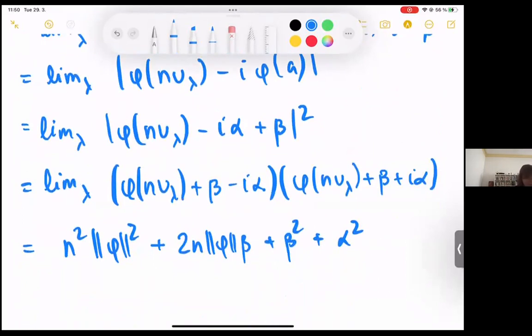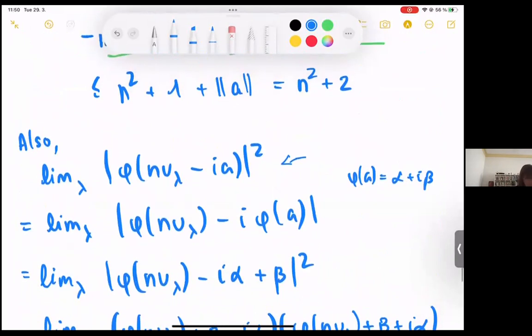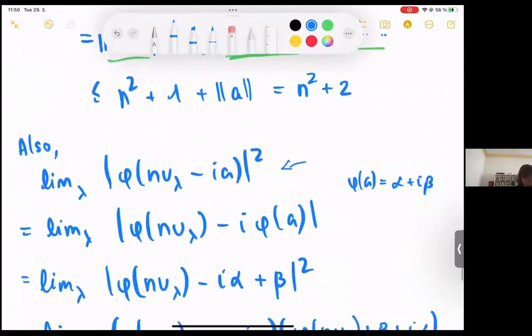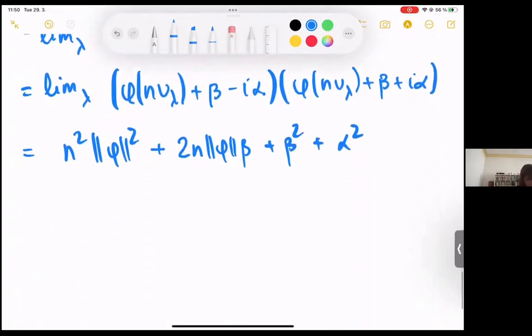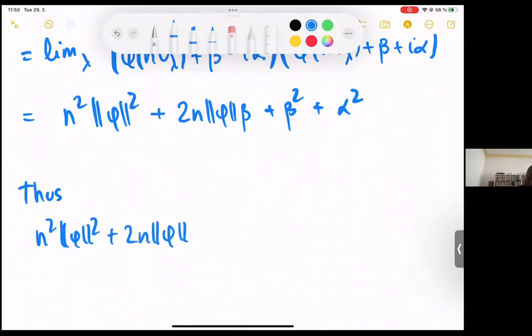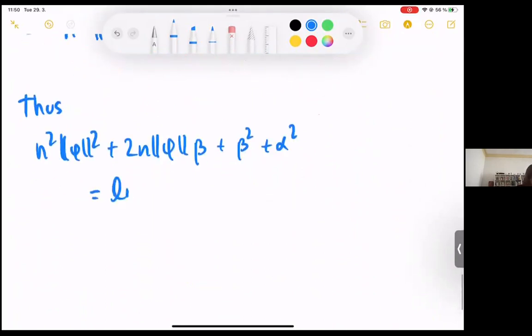And we saw that, okay, so let me rephrase this slightly. This is equal to the limit that we started with.